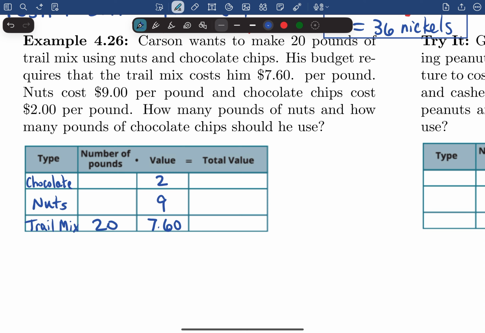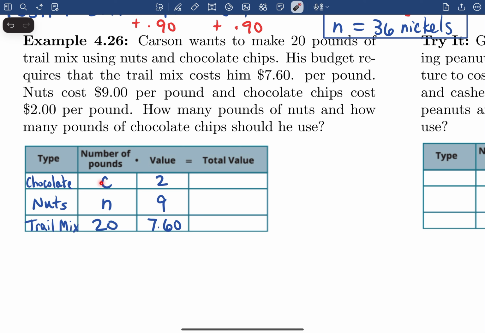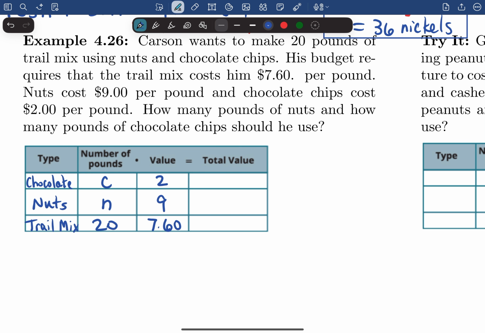And let's say that the number of pounds of chocolate is C, and the number of pounds of nuts, let's call it N. And so now I can multiply the pieces together, like C, the thing I don't know, times 2. Well, that's 2C.